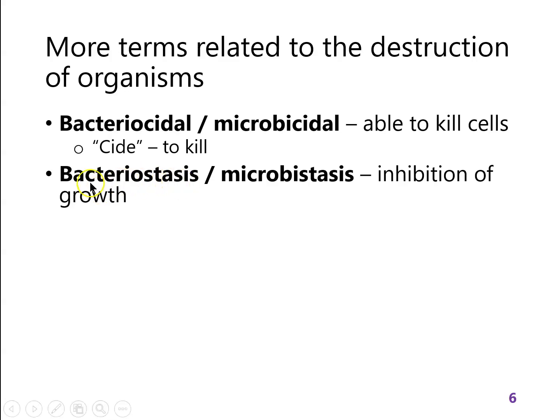So if you treat microorganisms with a bacteriostatic chemical and then somehow remove it or wash it away, they will start growing again. And so microbicidal is just a more general term, and microbistasis is a general term for not specifically bacteria. You can also have fungicides.